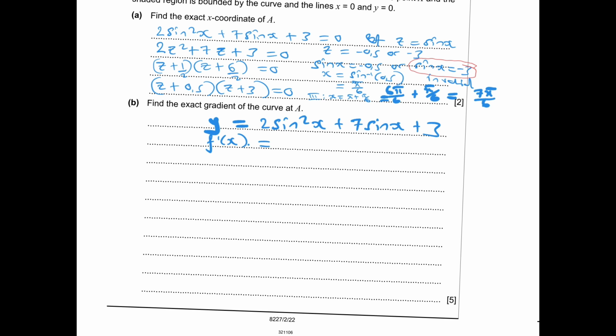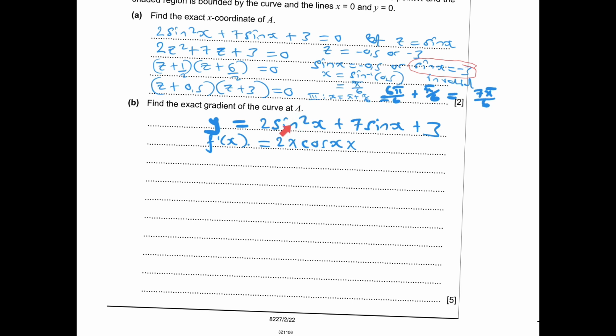Now, please take note that this here is a composite function. And if we are to differentiate that, we use the chain rule. So that will be the constant multiplied by inner derivative multiplied by the outer derivative. So what is our constant there? Our constant is 2. So we have 2 multiplied by the inner derivative. Our inner function in this case is sine x. So if we differentiate that, we are going to get cos x. So our inner derivative is cos x multiplied by the outer derivative.